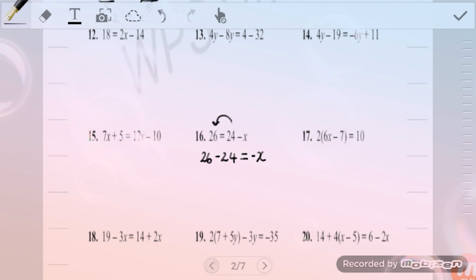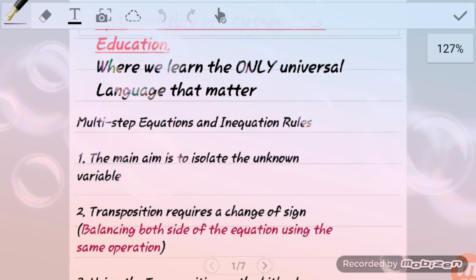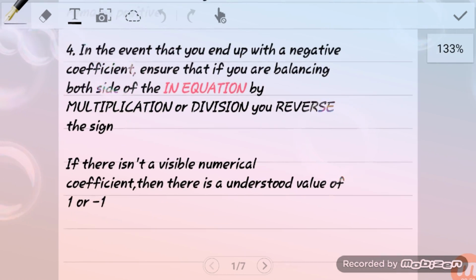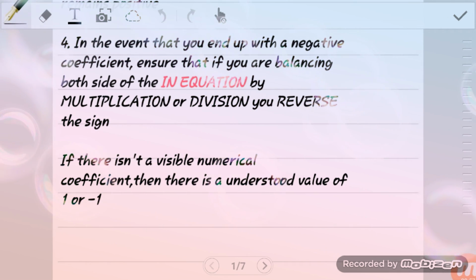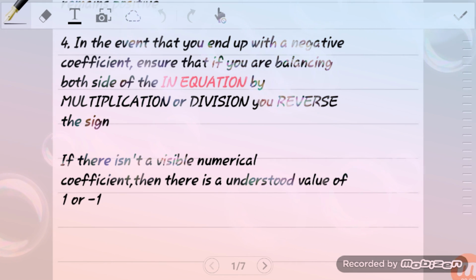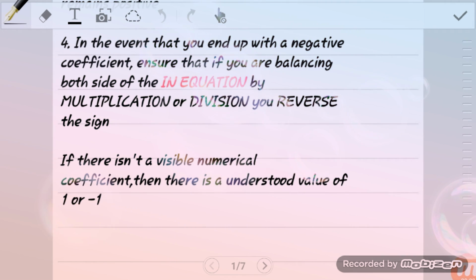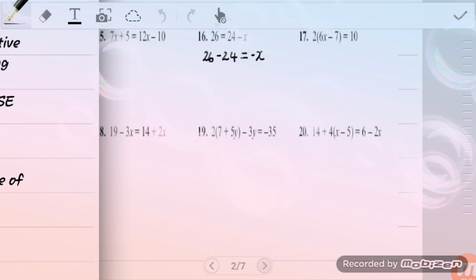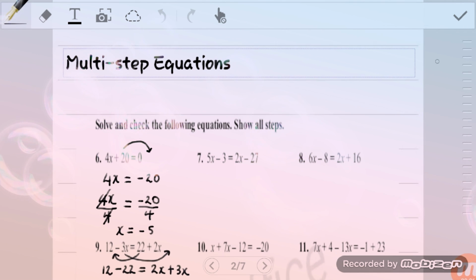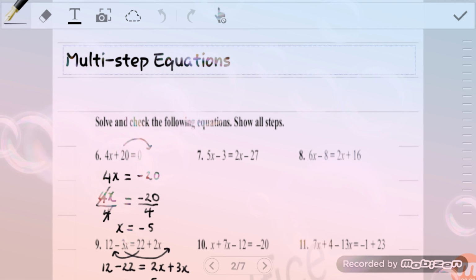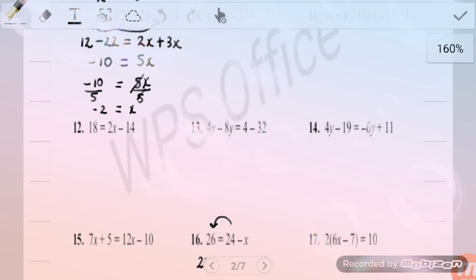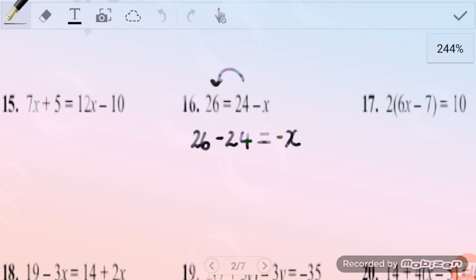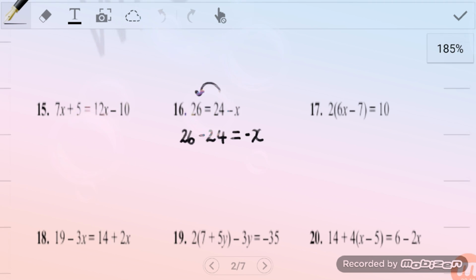Now we have not yet isolated the x. Now if we go back to the rules that we have over here and we go down to number 5, I did mention to you that if there isn't a physical or visible numerical value or numerical coefficient, then you must remember that there is an understood value of minus 1 or 1. Now in this case here, you'll find that the actual value that is in front of x here is actually a minus 1.